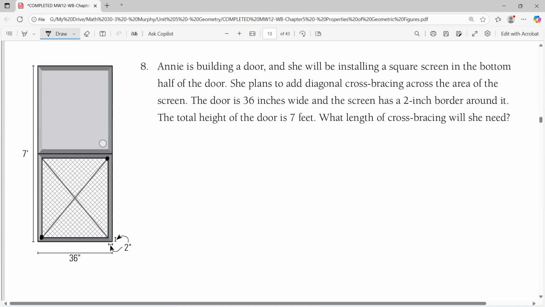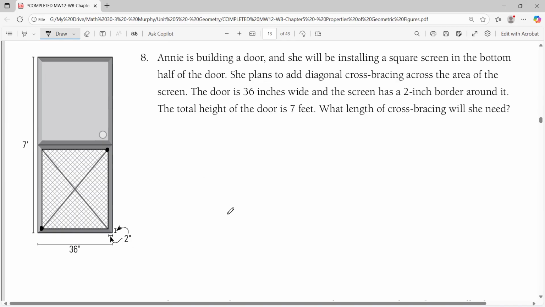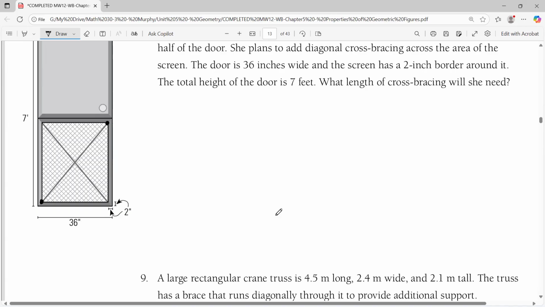What is the length of the cross bracing? So each part of the X here, how long is it? Okay, so just looking at this, there are a number of ways we could do this.